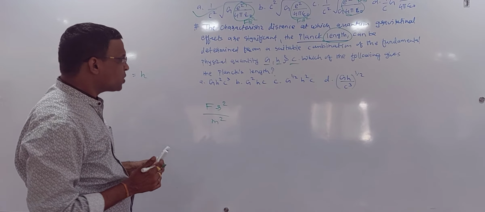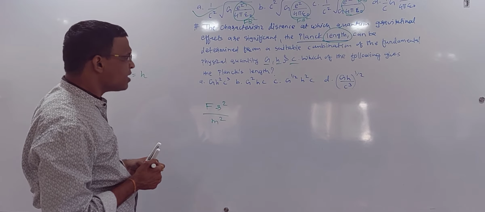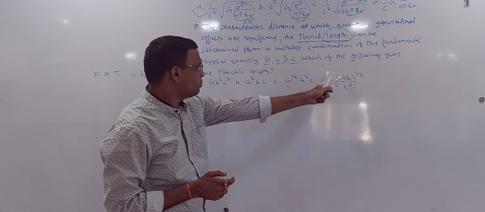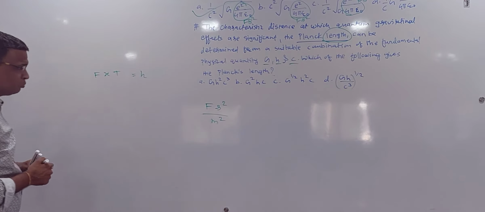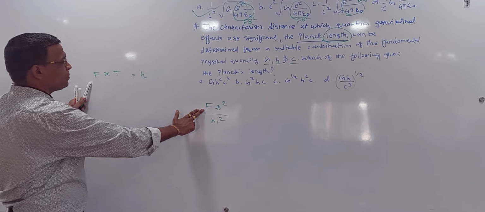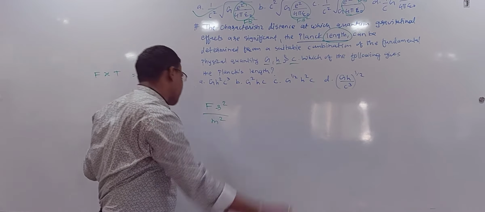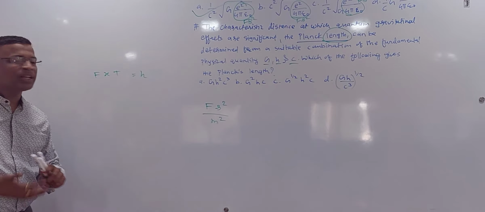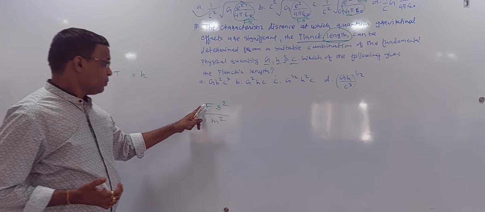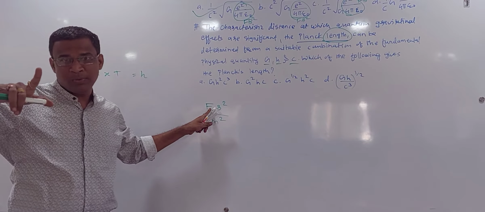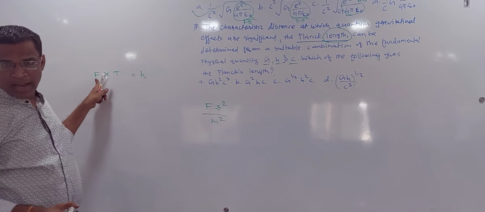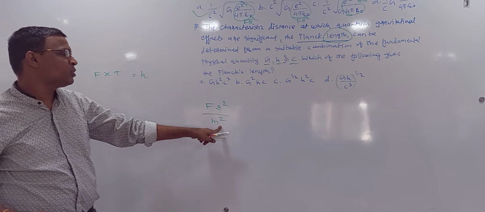Let me pick up any option randomly. So G power half is there. We required half, we have 2F, and G and H are in multiplication. So of course we require it because F is having one mass, again H is having one, F means one more mass, and this should be cancelled.